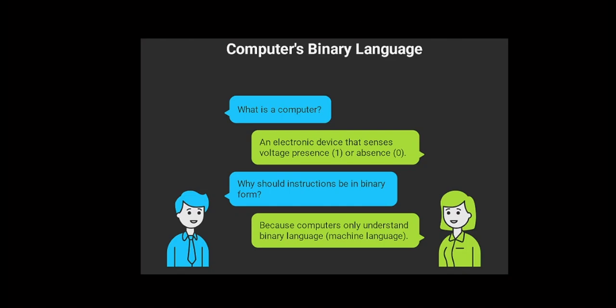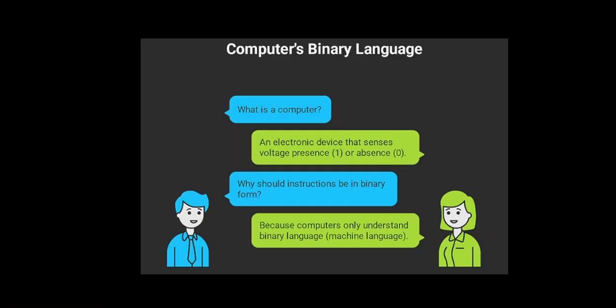Since computer is an electronic device, it can only sense presence of voltage and its absence. Presence of voltage is interpreted as 1 and absence is treated as 0.